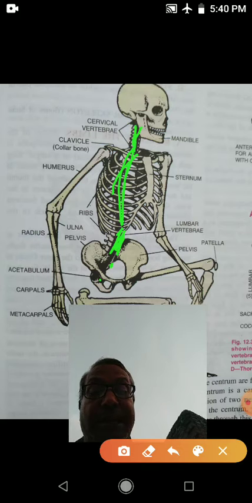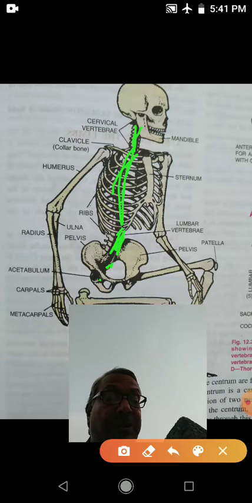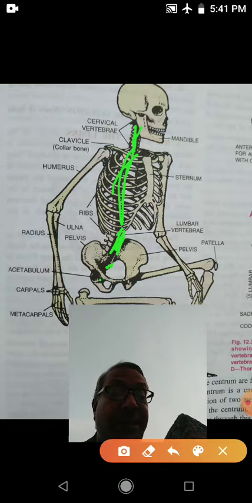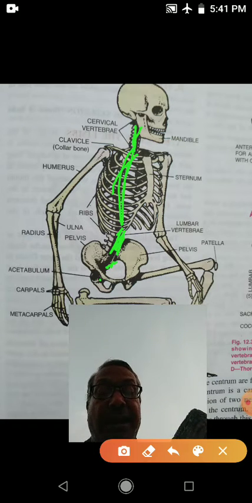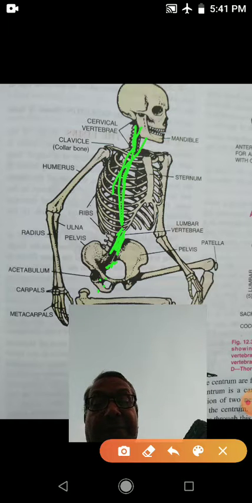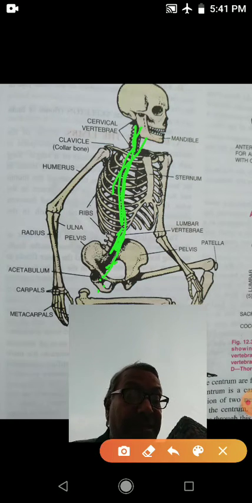So all the 5 vertebrae of the sacral region fused together form one single bone, that is called the sacrum. And like this, the 4 vertebrae of the coccygeal region fuse together to form the coccyx. So in this way, the total vertebrae present in the backbone is 33.